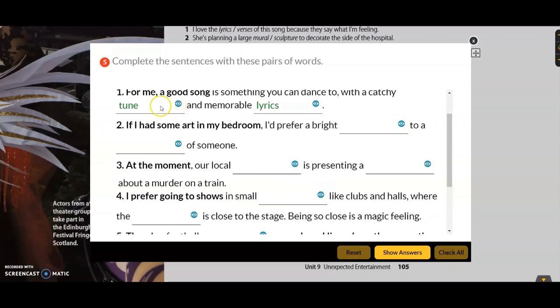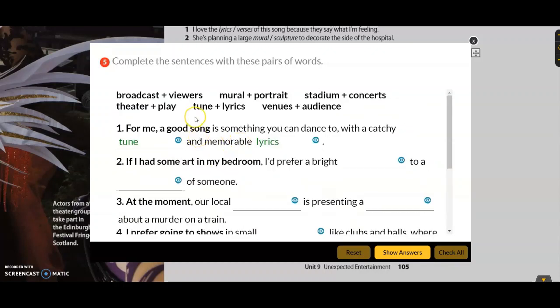Let's go to number 2. If I had some art in my bedroom, I'd prefer a bright blank to blank of someone. Let's see something referring to art, mural, and portrait. Let's see. A bright mural to a portrait of someone.